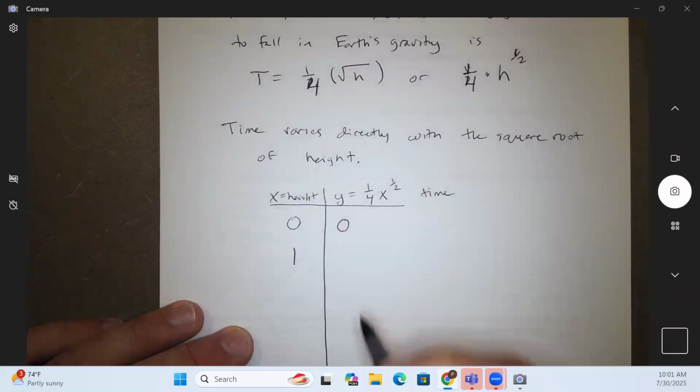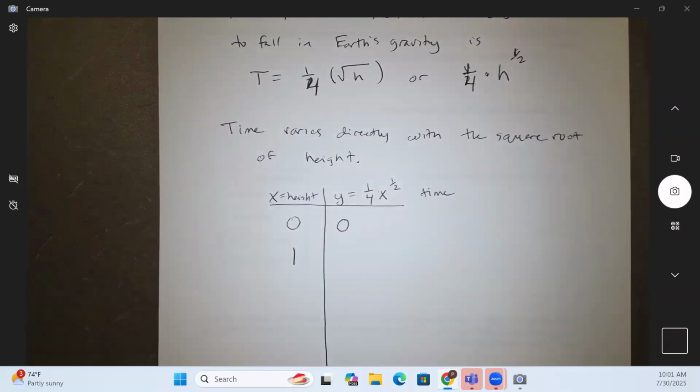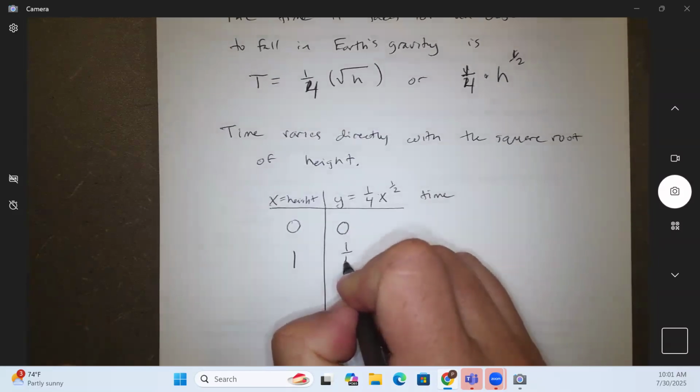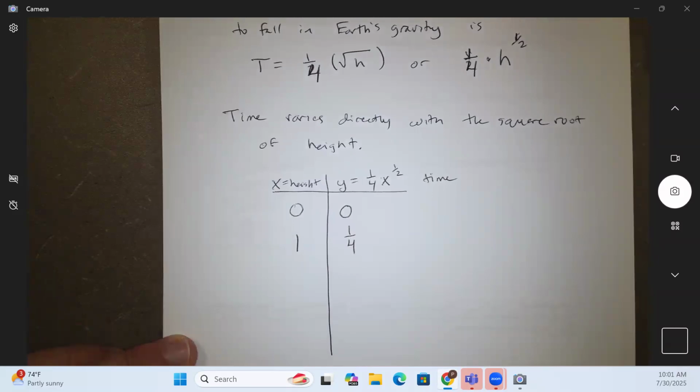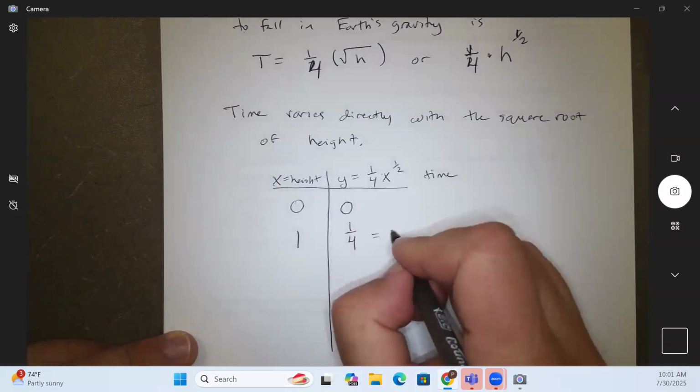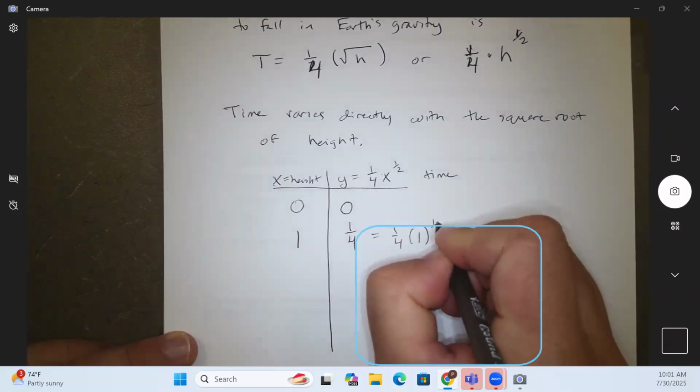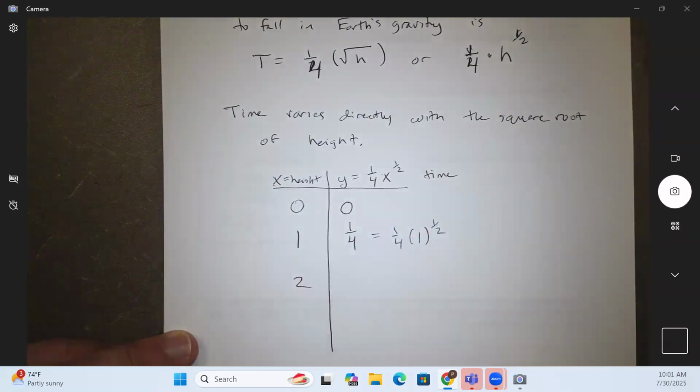Now, if I raise that to 1 meter, it's going to take about 1/4 of a second, because that's 1/4 times 1 to the 1/2. If I raise it to 2 meters, it's not going to take half a second. It takes less time.